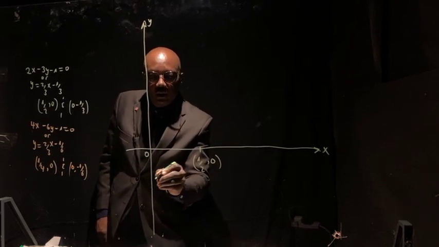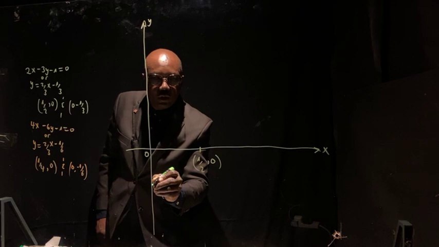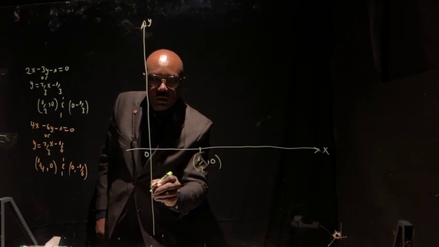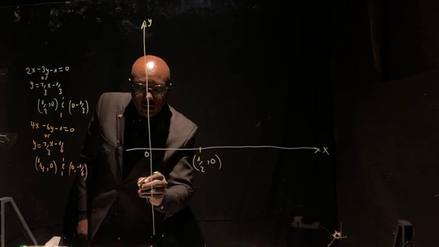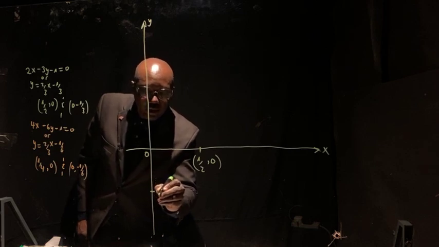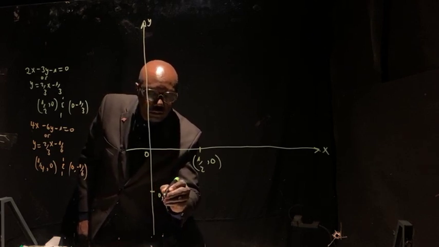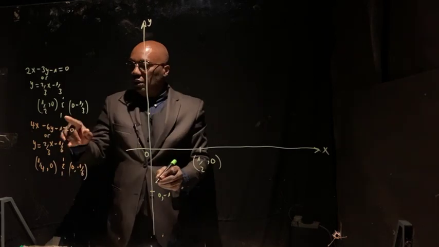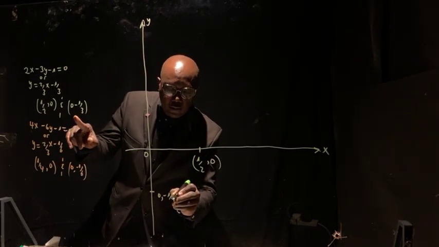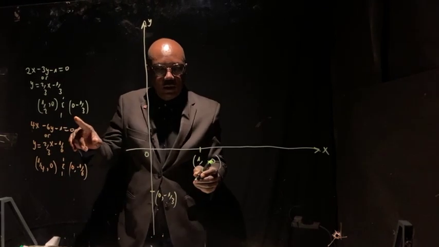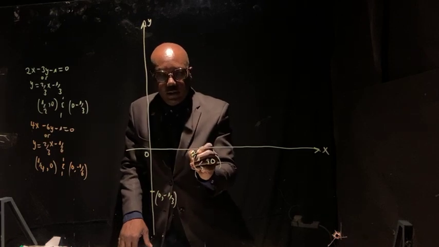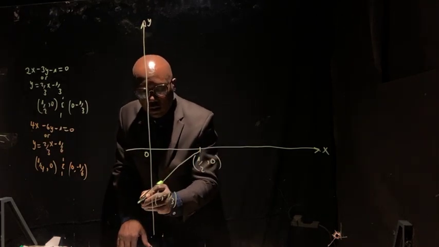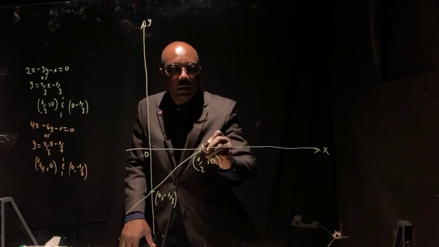And this one is, let's say, 0, minus 1/3. You can see that this line is something that goes like this.